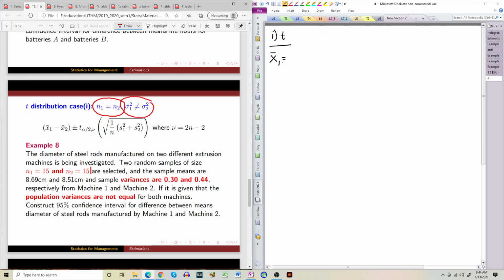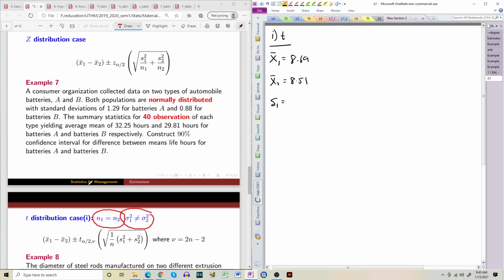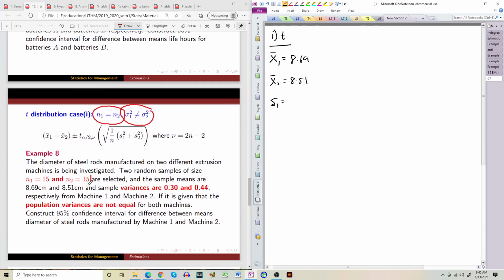x1. Wait, in the previous case they give the standard deviation.